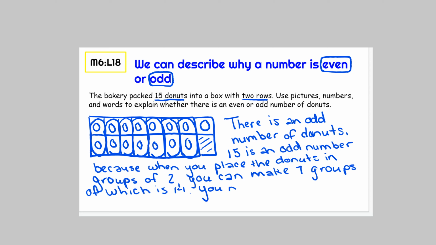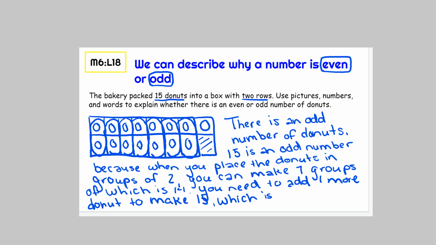You need to add 1 more donut to make 15. Which is not an equal group. And that's what makes it odd. An odd number."